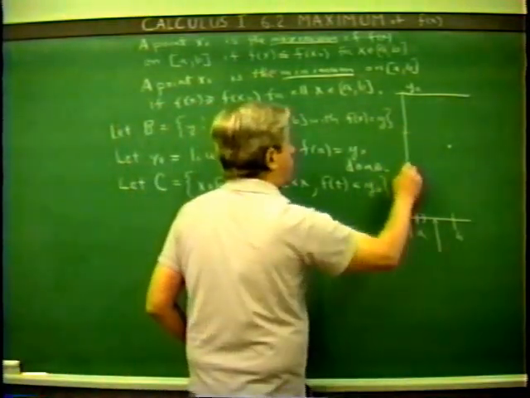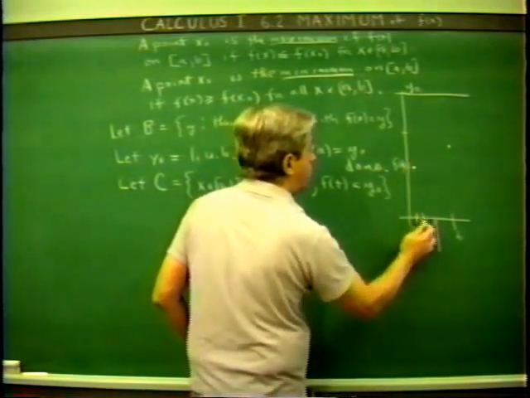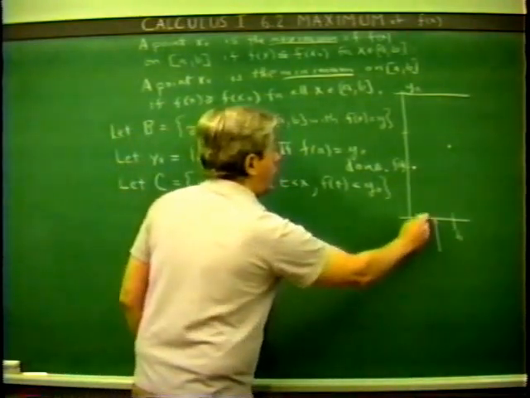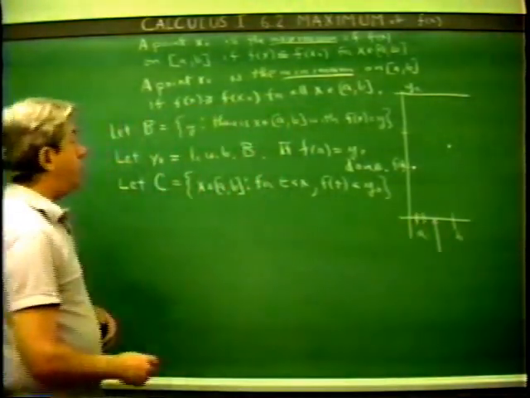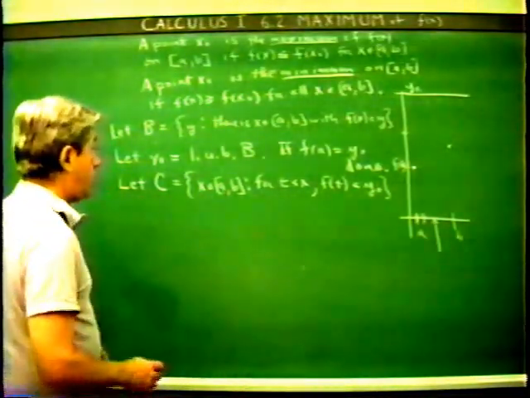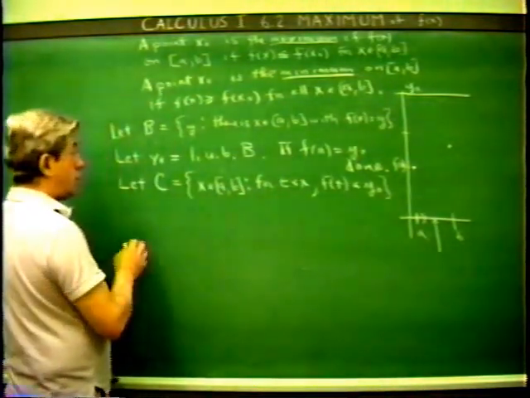Then there has to be some small delta over here, so that f of x is less than that. So a is in here. And for that matter, a is not equal to the least upper bound of this set, unless f of a was y naught.